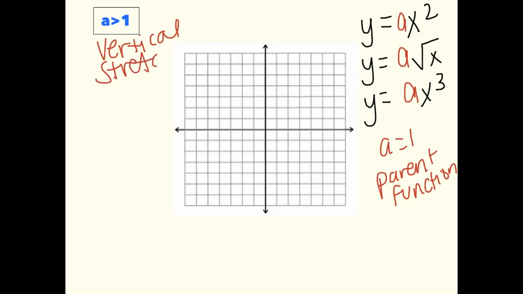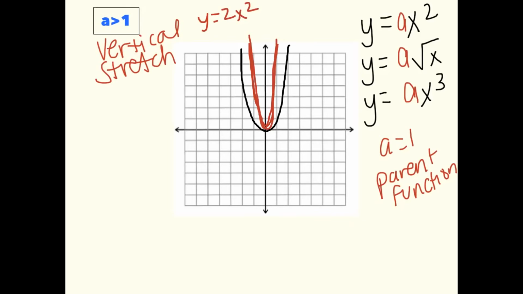What that means is if you took this quadratic parent function and then stretched it, made it maybe y equals 2x squared, we would stretch it from the top, pull it up, which means that it would get narrower. It's still at the origin though, but it's just narrower or skinnier than the parent function.